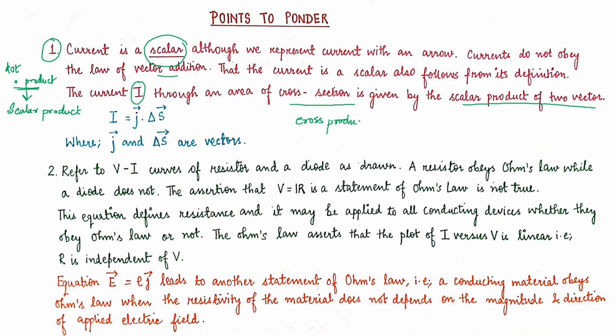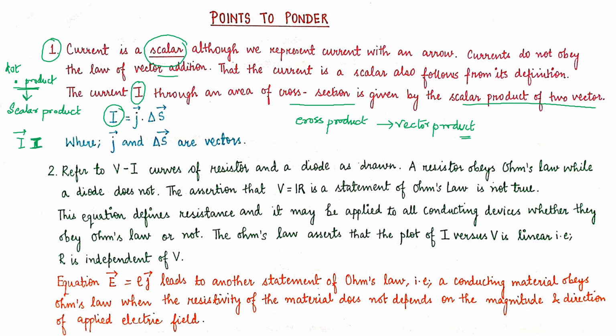This cross product is also known as the vector product, and it is used mostly when the product gives us a vector. But over here, the I we are getting is a scalar. We have seen I in our text written in bold letters or as a letter with an arrow.